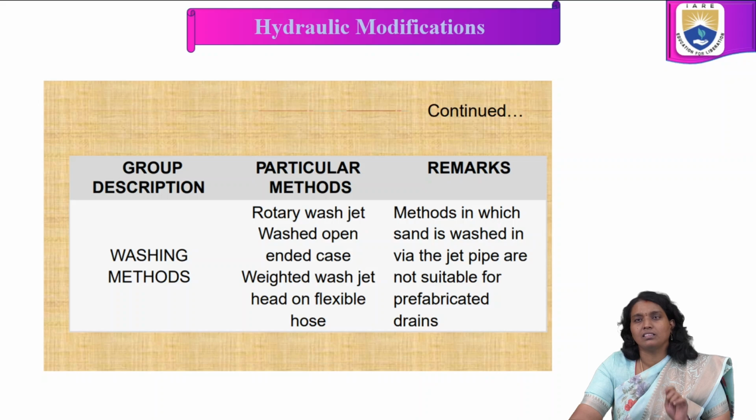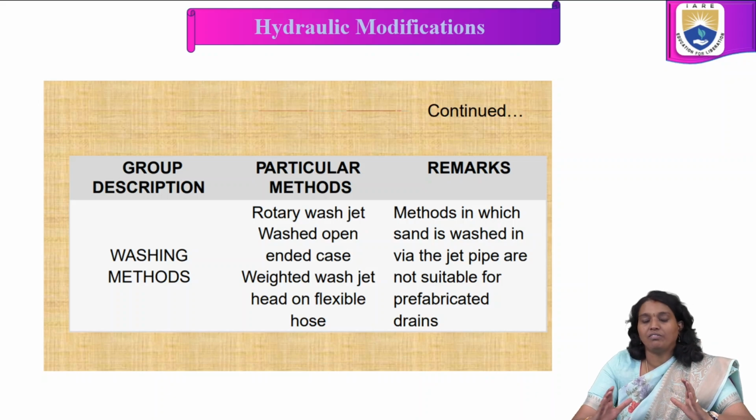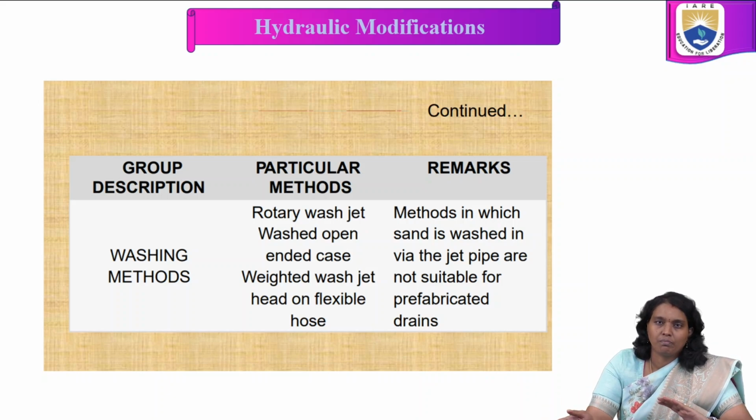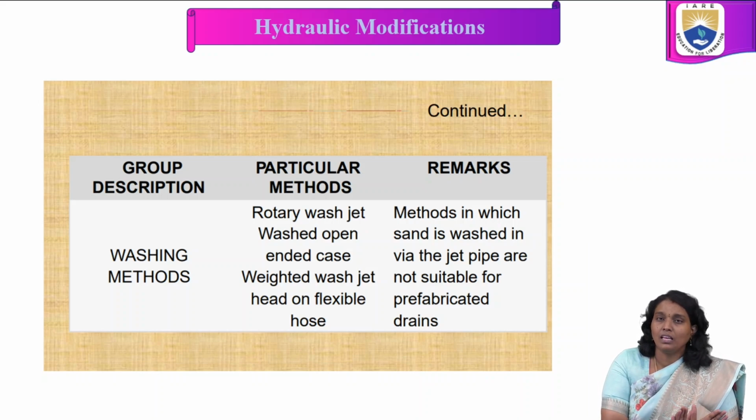In this method, the sand is washed via the jet pipe. We know a jet means a set of water streams coming out forcefully through a pipe. So we create that kind of situation in some particular methods. In that case, the grouping is nothing but the washing method.